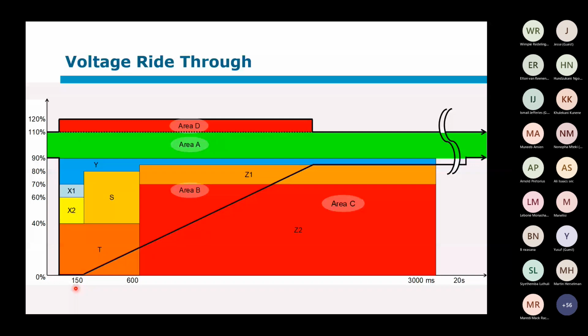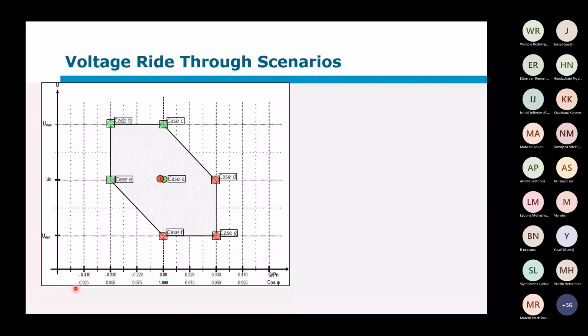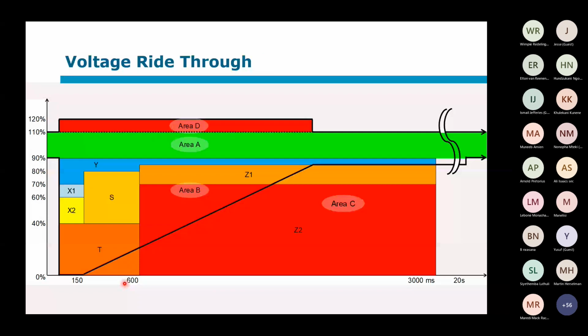You are going to test the voltage ride-through for starting at a high voltage. So for instance, starting at the upper limit of the voltage range or even the low voltage range. Now, either one of them can have an impact depending on how inverters, for instance, are set up.